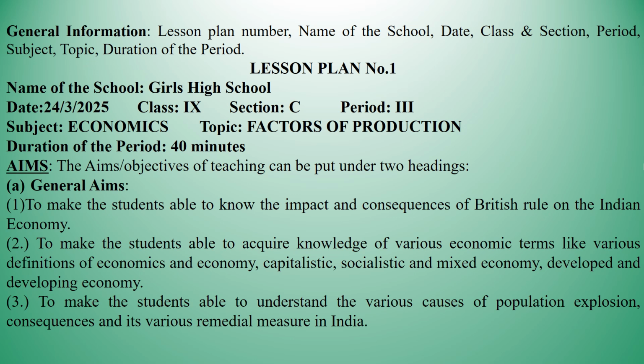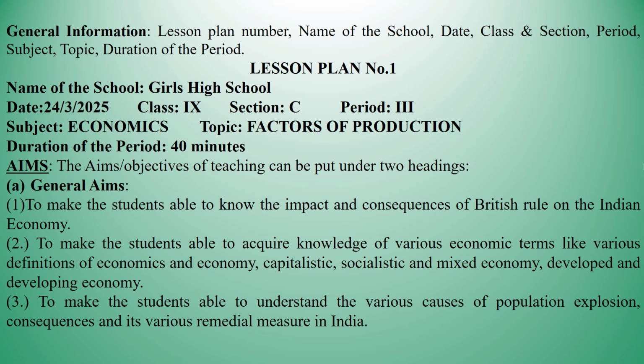So, in this plan, I have written lesson plan number as 1. After that, I have written the name of the school, that is Government Girls High School. After that, I have written date, that is 24/3/25. In class, I have written 9, and in section, I have written C. The period is third.